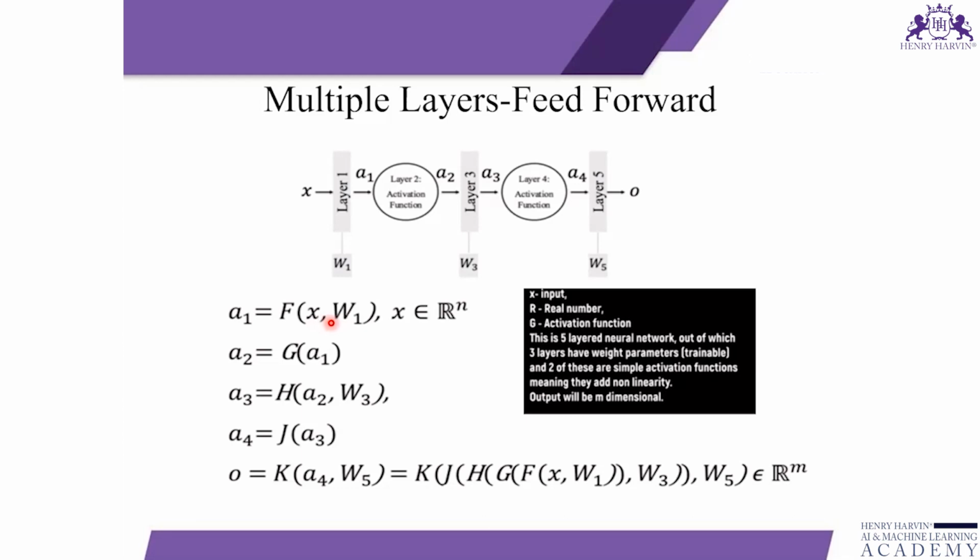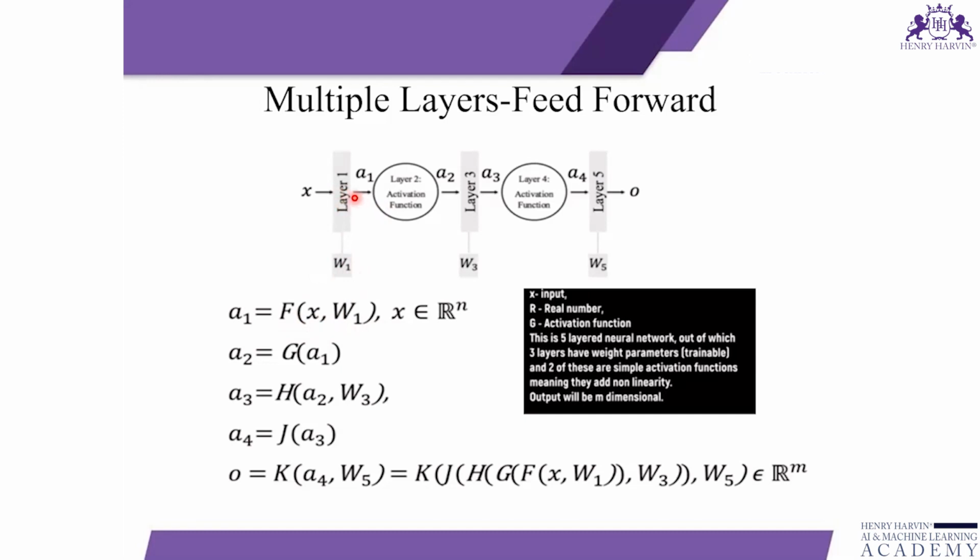But to take it general, we are saying that the input x is taken in by this layer 1, which also has weight parameters w1 and a function f over x and w1 is computed and we get the output a1. So this was the job of the first layer. So the first layer has done the job and passed the output as a1.